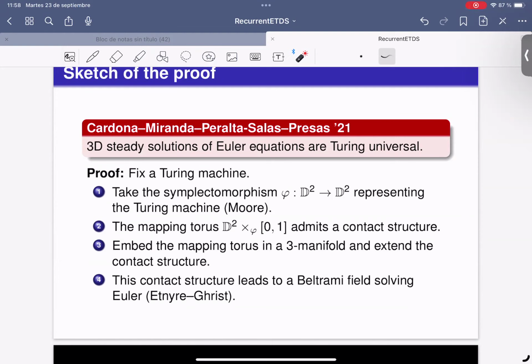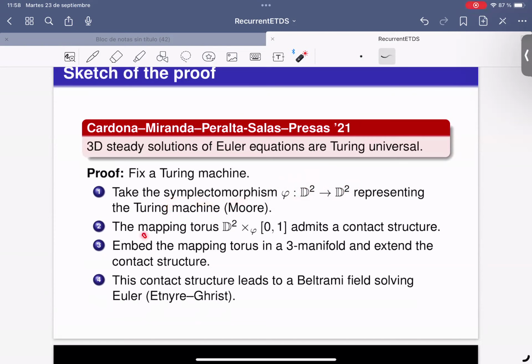Give me a Turing machine, or in other words, give me the volume-preserving map of the disk that represents it through Moore's theorem. Since it is a volume-preserving map in dimension 2, volume-preserving maps are literally symplectomorphisms, because the only important information is the volume form. Okay, so this is a symplectomorphism.